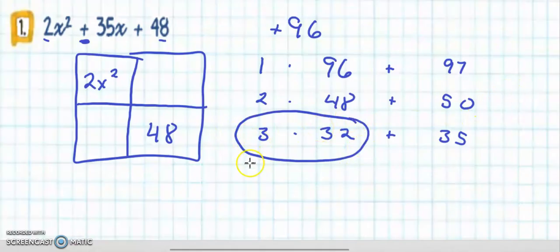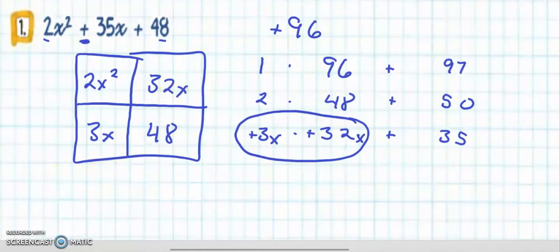Okay, so that's the pair that we're looking for, a positive 3 and a positive 32. So I put some x's on here, and then I just plug these in any order into my boxes. So 3x can go here. It could also go up here, but I'm going to put the 32x here.